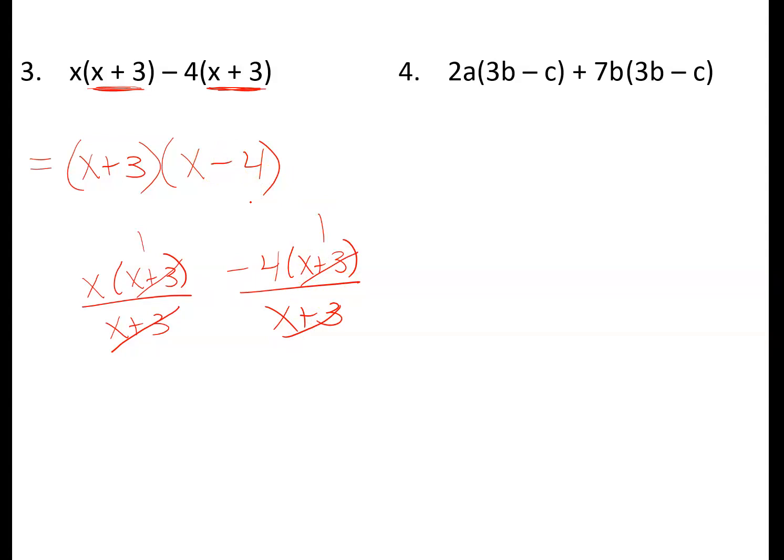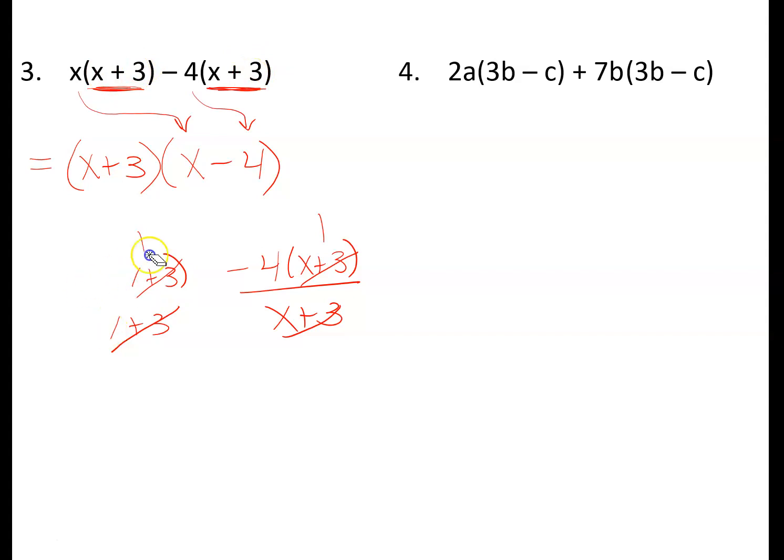So basically, whatever's in front of the parentheses will go into this second set of parentheses. Every time it's going to work that way, as long as what is inside the parentheses is exactly the same.